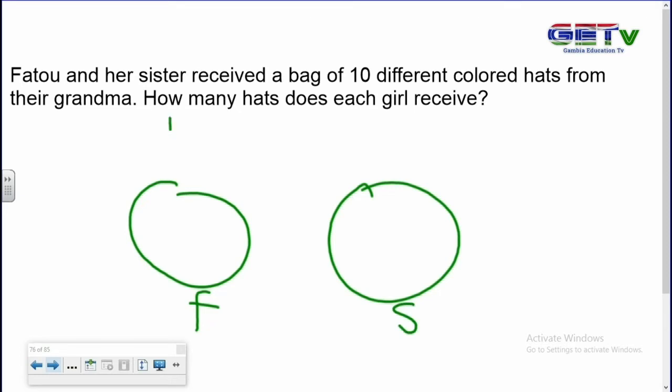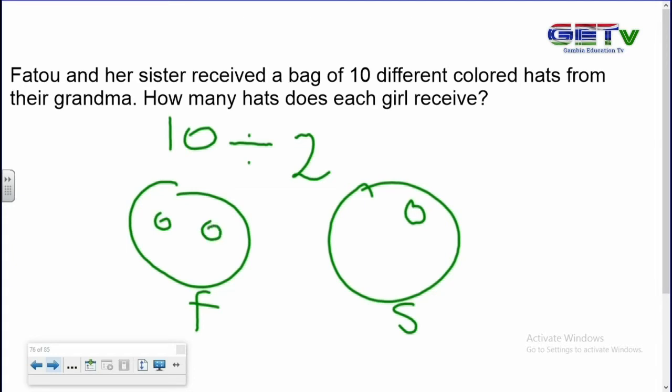They are to share 10 between Fatu and her sister, and that is 10 divided by 2. 10 divided by 2, that is the division number sentence form. So the hearts are 10 different colors. Fatu will get 1, her sister will get 1.